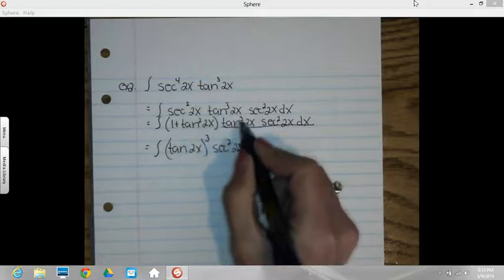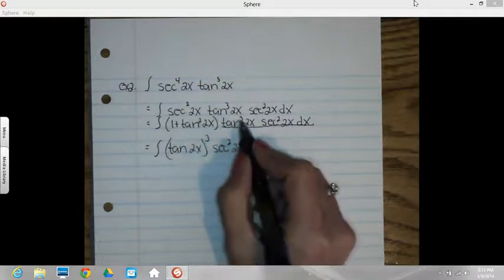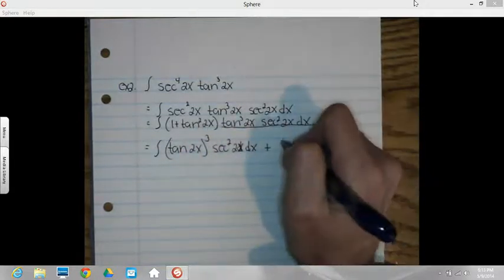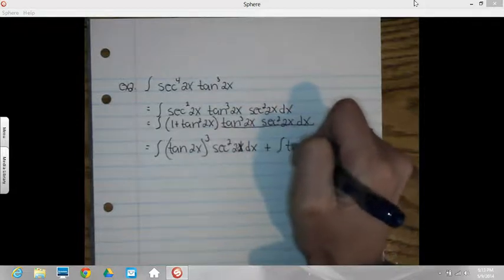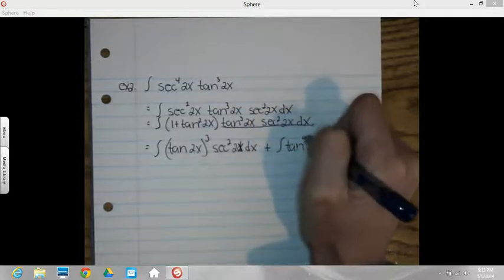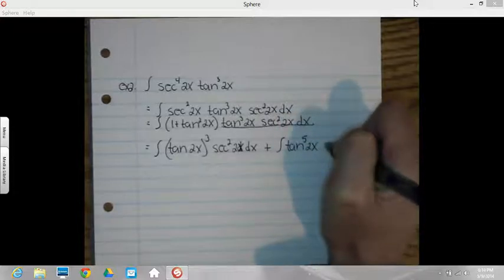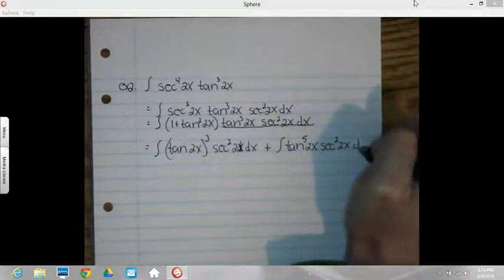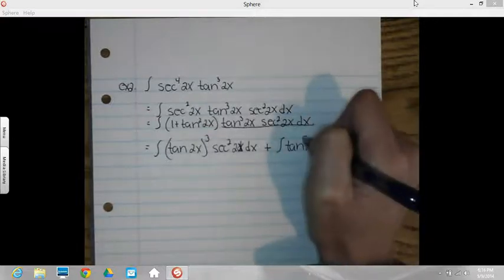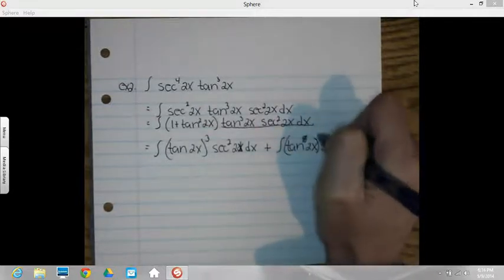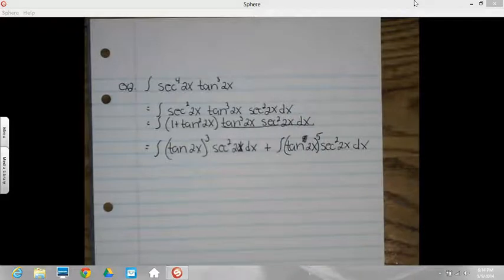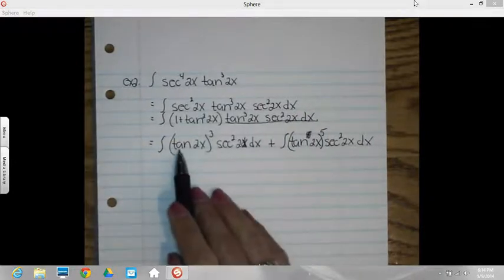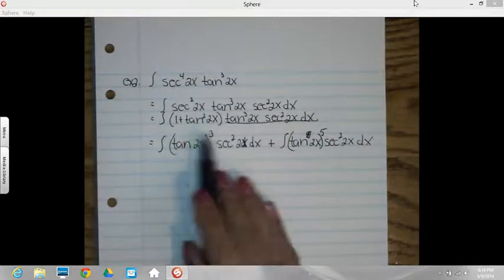Tan squared times the tan cubed is going to give me tan to the 5th 2x, secant squared 2x, dx. I'm going to go that way so I can see it. Okay, now before I do power rule, I have to make sure I've got the derivative of the inside attached to the dx in order to do power rule.